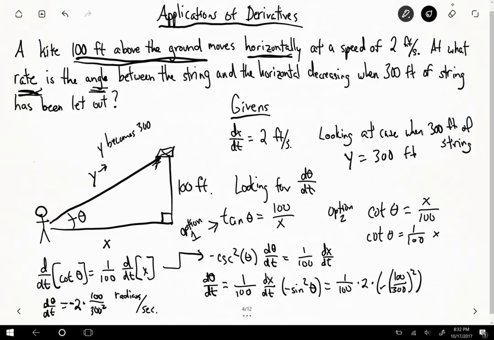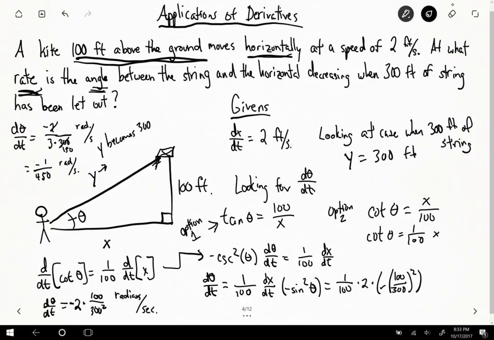So yeah, actually we might as well. d theta dt equals, notice the 100 would cancel off with one of the 300, so we'd have negative 2 over 3 times 300, and this is radians per second, and that should equal negative 1 over 450, I believe, radians per second, if I've done the arithmetic right.